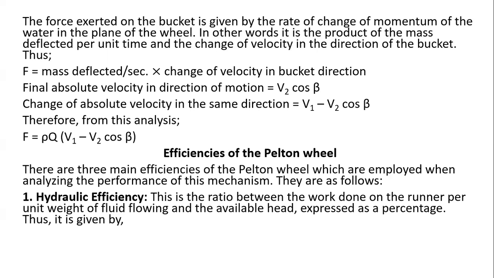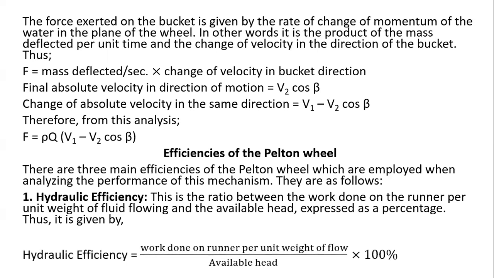What we are calling the runner is that central mechanism rotating, in this case, the buckets around. So there we have it, work done on the runner per unit weight of flow over available head. Traditionally, we express these efficiencies in percentage form, so you multiply this by 100.